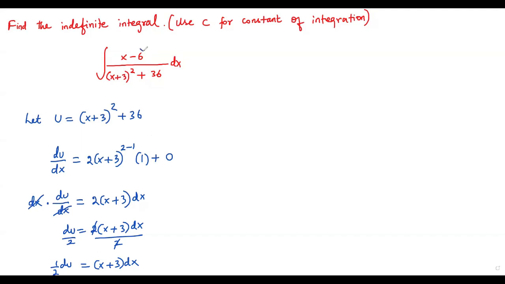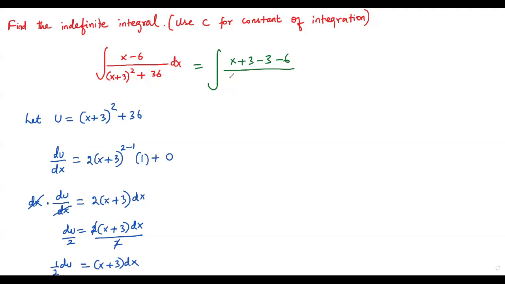So here we have (x - 6) times dx, but here we have (x + 3) times dx. So if I want to use 1 over 2 times du, I must have (x + 3) times dx over here. What do we have to do for that? So let me do some adjustments. Since I have to get x + 3 over here, I just add 3 to this x, and to balance the addition of this 3, I subtract 3, and I'm taking this negative 6 as it is.